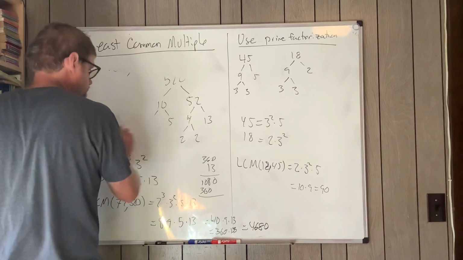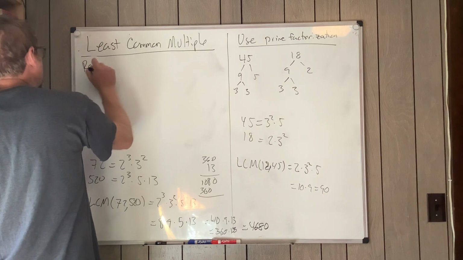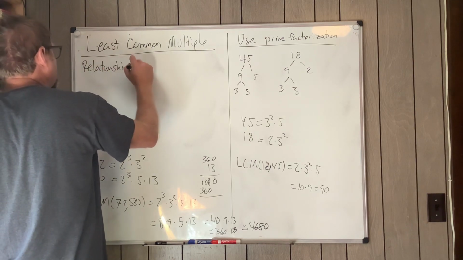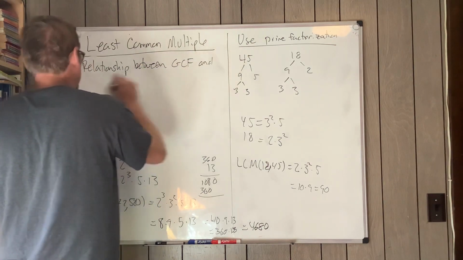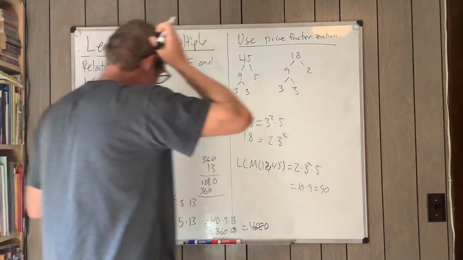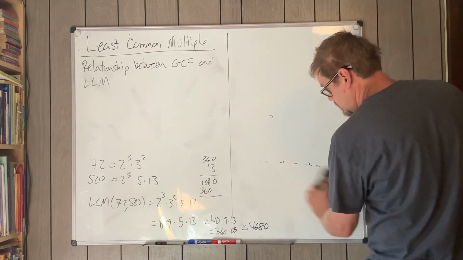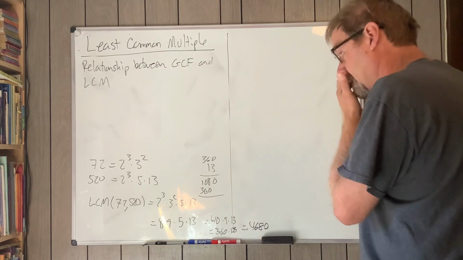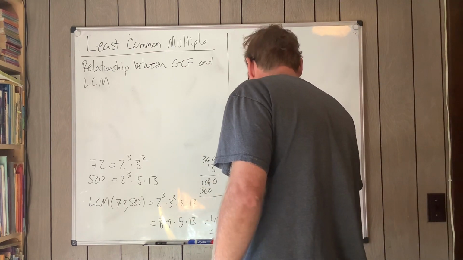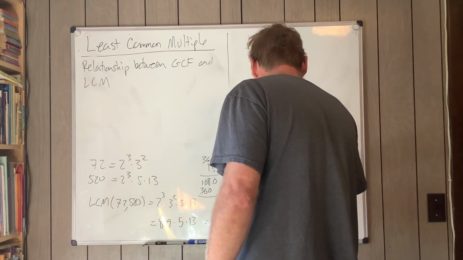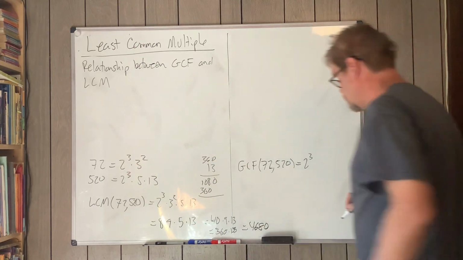Now, there's this really nice little relationship between the GCF and LCM. Actually, before I erase this, I'll talk about that. So remember again, the GCF of these two numbers, 72 and 520, is the thing that's common to both of them: 2 cubed, right?